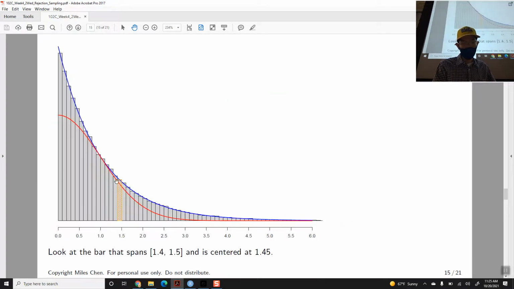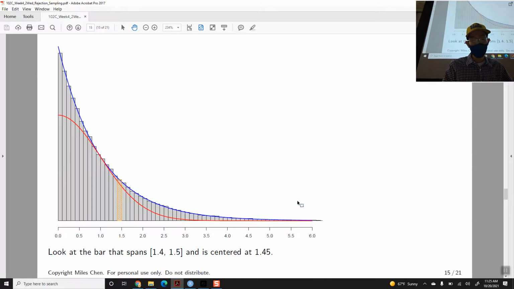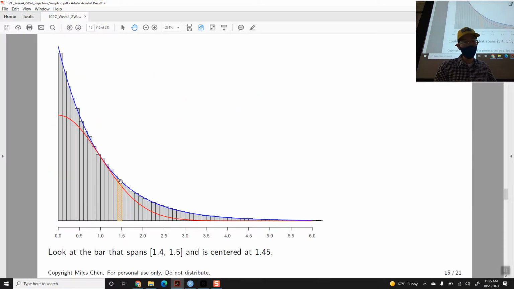So this height is 0.30963, this height is 0.2788. And so what's the ratio between 0.2788 over 0.30963? You get something around 90%. So if you generate a value at 1.45, something around there, you will accept it with a probability of around 90%. So most of these values will get accepted.